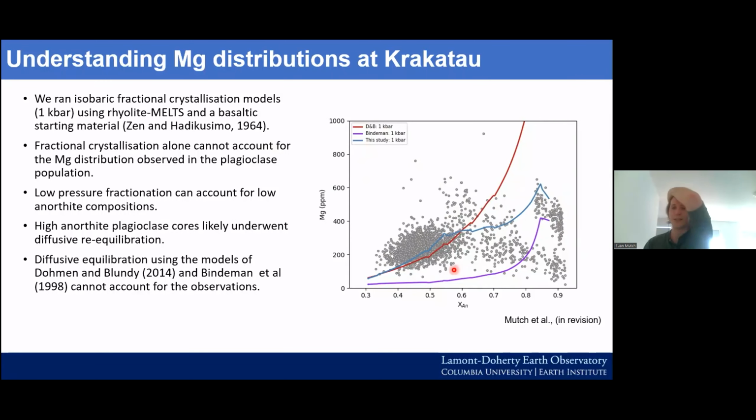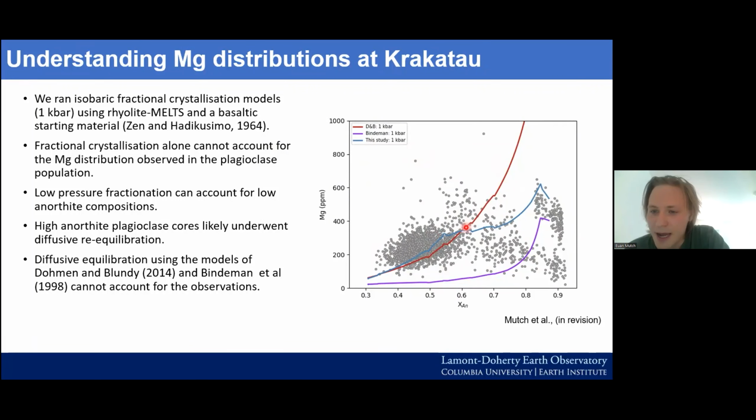And so what we can initially see is that the Dohmen and Blundy model and our model fit this population at low anorthite contents generally quite well. The Bindeman model doesn't really fit the data particularly well, and this could be due to the fact it can't account for this melt composition effect.